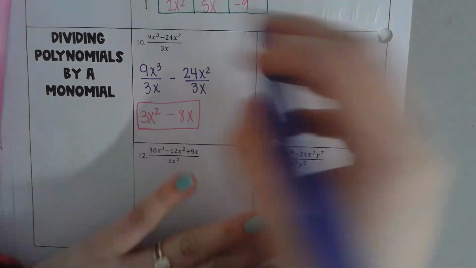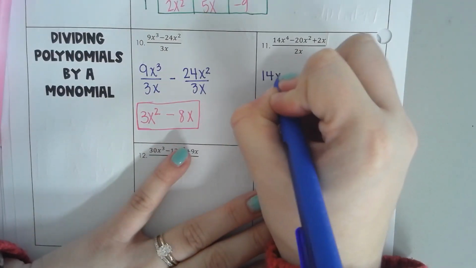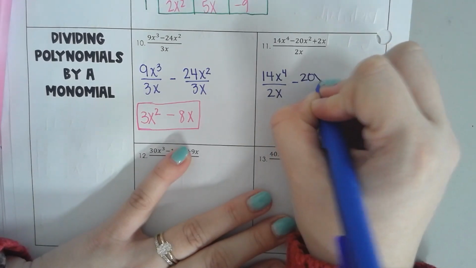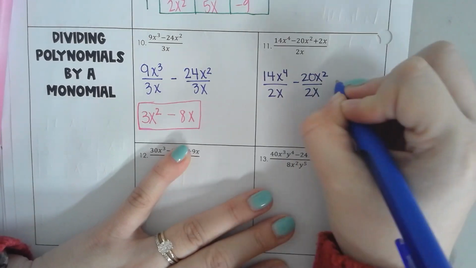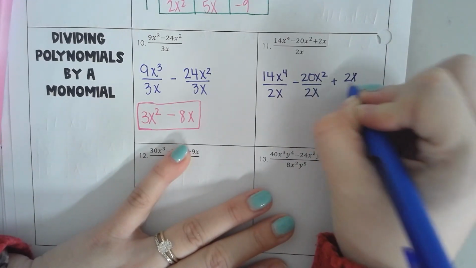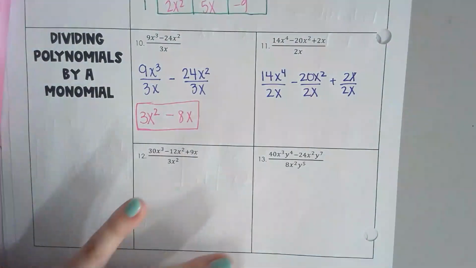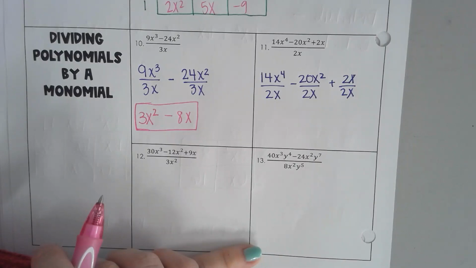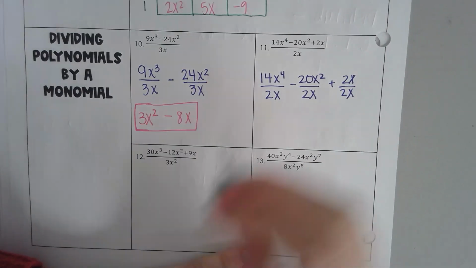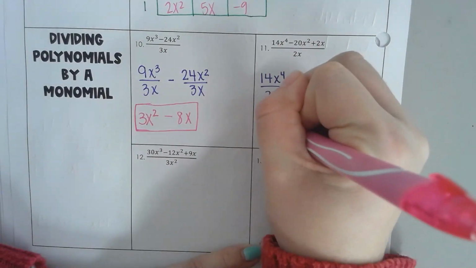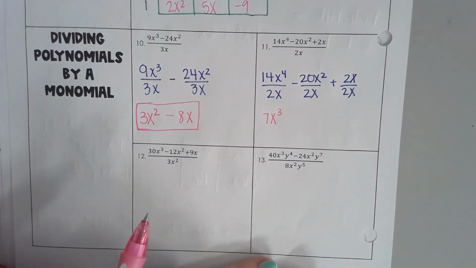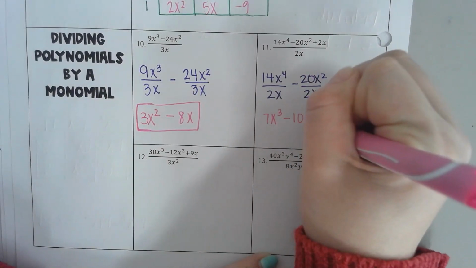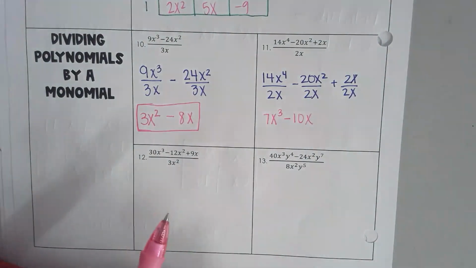So number 11. Over 2? 7. And I have the x cubed. Very good. 20 over 2? 10. And then I will have an x left because one of the x's canceled.